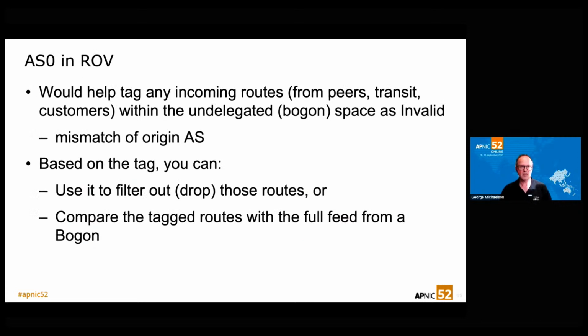If you did the same thing with AS0, you could use this to tag your routes, to add information, to decide how to proceed. So Tashi suggests that you use a service like this: operate a BGP feed of your own that understands AS0 and can mark Bogon routes.